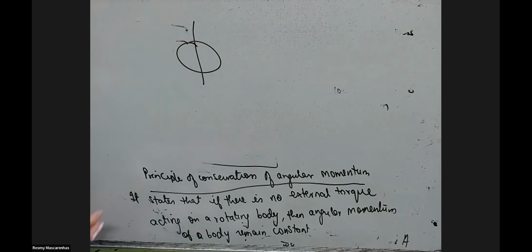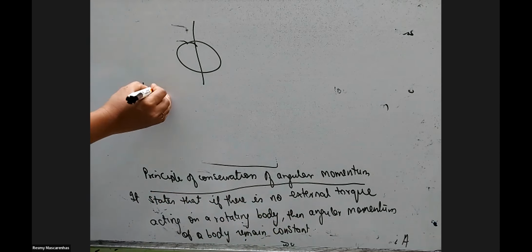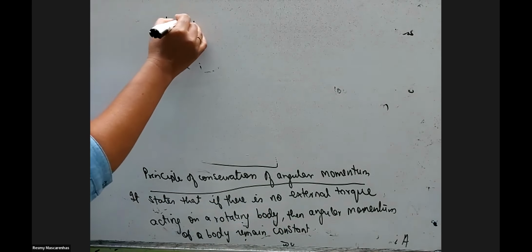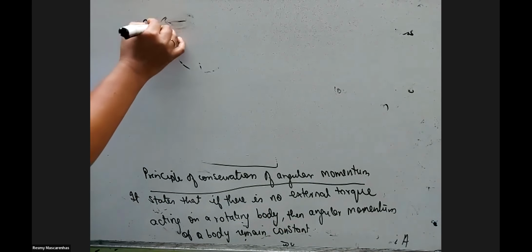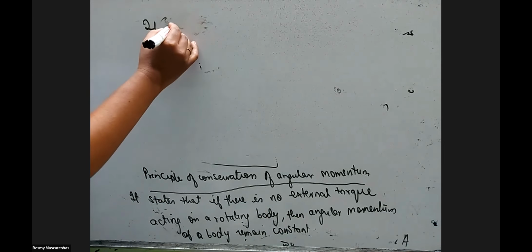If there is no external force acting on it, imagine a fan itself, as long as there is no external torque, meaning no extra force other than the normal rotation, then the angular momentum of the body, that is L equals I omega, is constant.